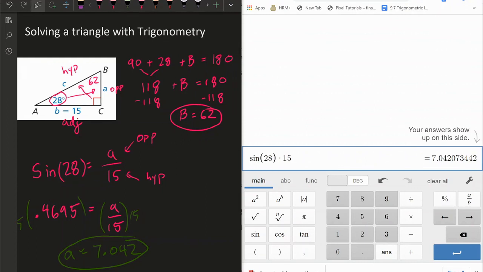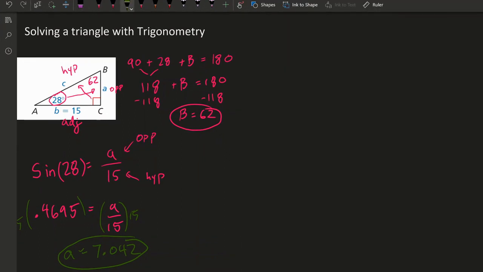So that means that now I will be talking about side C, and I'm going to compare that to 15. So now I have the hypotenuse over the adjacent. So again, looking back at my cheat sheet, I should see hypotenuse over adjacent, that's the secant of 28.